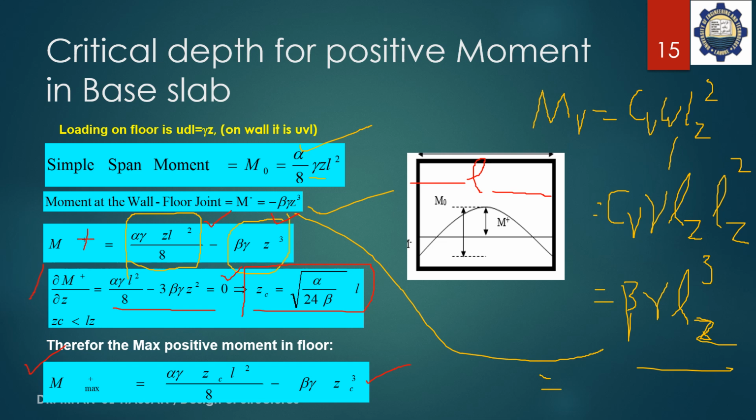For a one-way wall, it is 1 over 6. For a two-way wall, it is from the charts, which is CV negative. So you will put beta as CV negative if the end of the slab is a two-way wall, and if at the end of this slab panel is a one-way wall, you will put it as 1 over 6. The remaining parameters are known, and you can compute the positive moment.